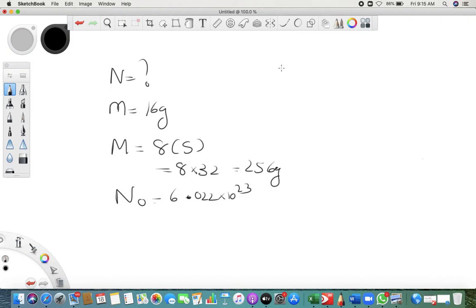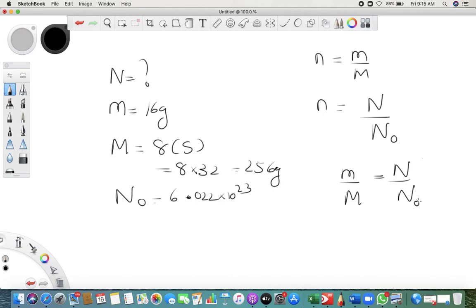We need to find out capital N. Now we have two formulas of n, that is mole: small n is equal to small m upon capital M, and small n is equal to N upon N0. When we compare these two, we get small m upon capital M equal to N upon N0. So small m is 16 gram, capital M is 256, and N0 is 6.022 into 10 raised to 23.